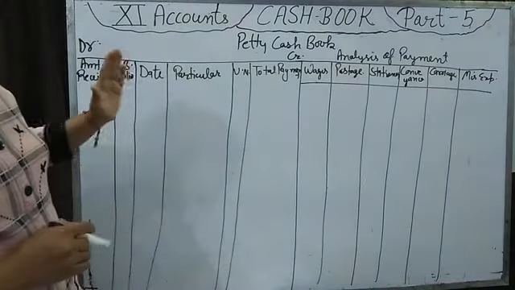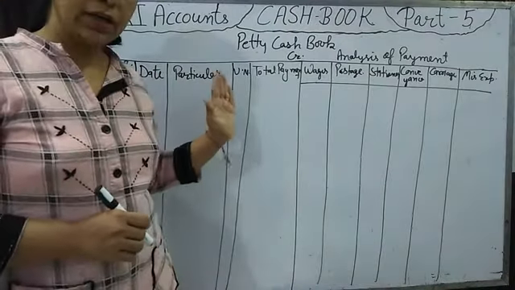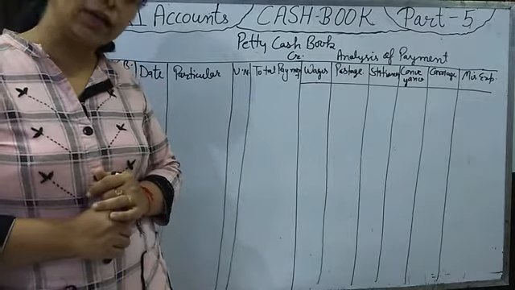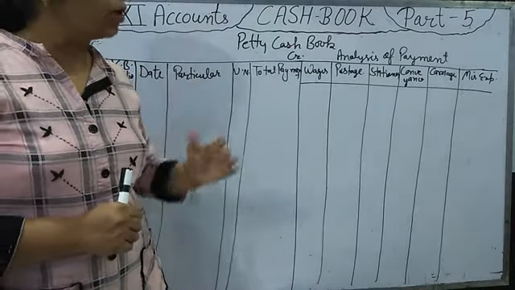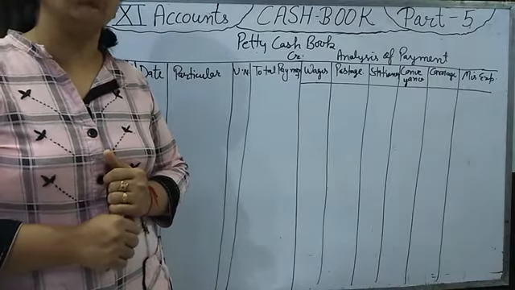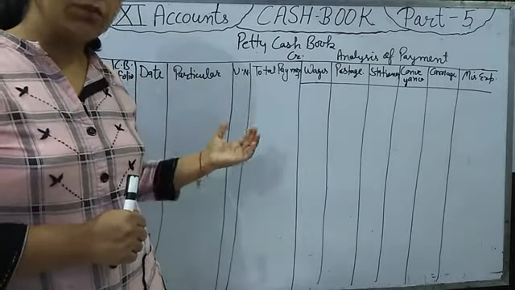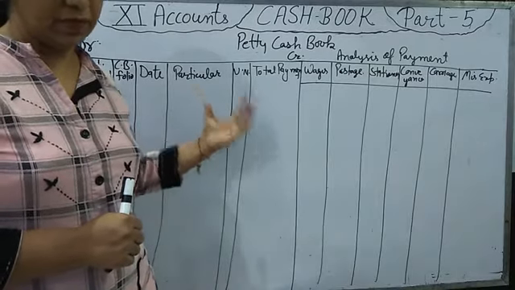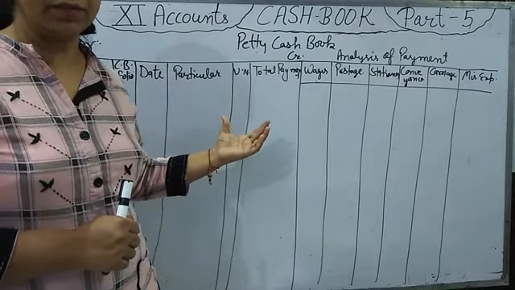The petty cashier pays all the small expenses from that fixed amount, keeps a record of all the expenses, and at the end of the month finds the balance, how much money is with the petty cashier.